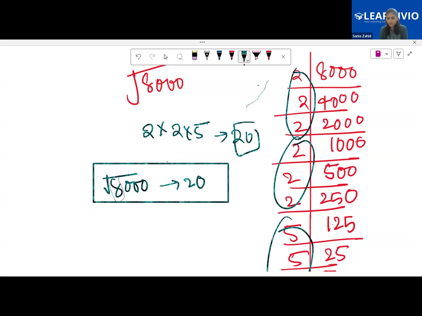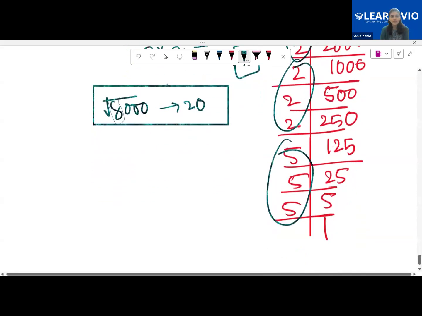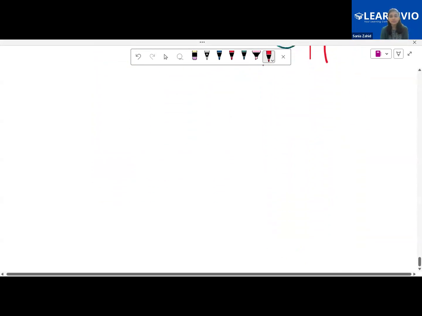Yes, ma'am. Okay, now you're required to find the cube root of 13824.